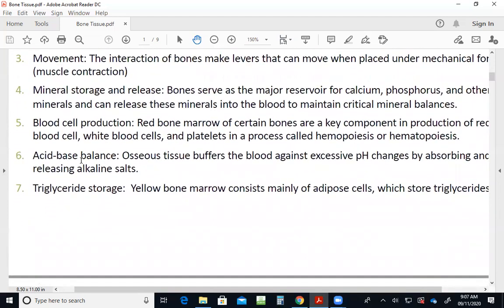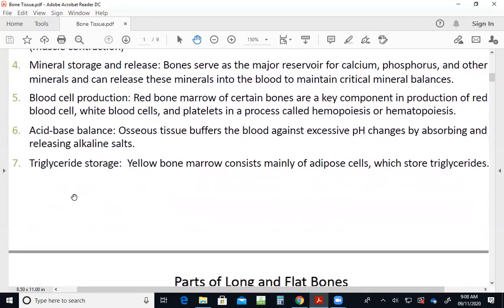We store minerals like calcium, phosphorus, and others, and can release them if needed, because in some cases we need to release them into the blood to maintain critical mineral balances. We produce our blood cells within the red bone marrow of our bones.